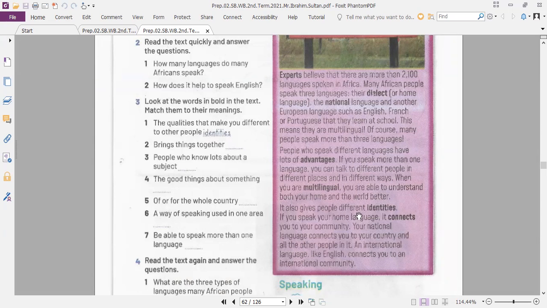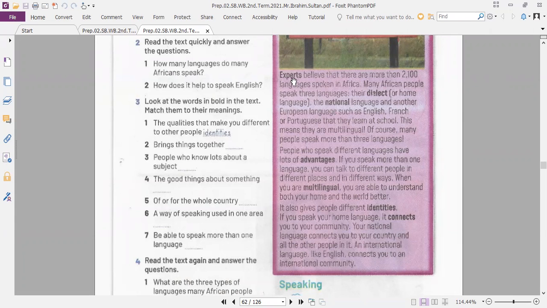It also gives people different identities. If you speak your home language, it connects you to your community. Your national language connects you to your country and all the other people in it. An international language like English connects you to an international community.